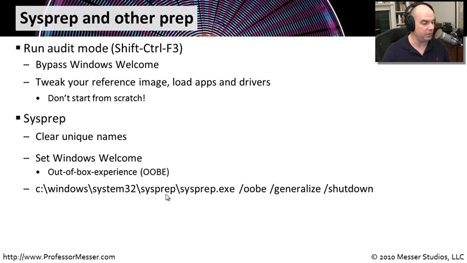It is in your Windows System32 Sysprep, sysprep.exe. We're going to use an out-of-box experience tag, a generalized tag, which clears out unique names and generalizes the operating system, and then shuts down the computer from there. Let's go into our audit mode, see what that looks like, and from inside of there, we'll run the Sysprep.